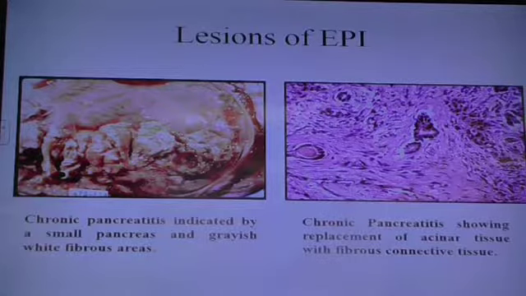They're replaced by the connective tissue. And again, this is the problem: the dog has repeated small attacks of pancreatitis. Sometimes you don't even detect them. But every time they have one, they damage some tissue. This connective tissue doesn't know when to stop. And so it will continue to go and encroach upon other islets and other acinar structures. And so that's why it's more common to see chronic pancreatitis in the dog.